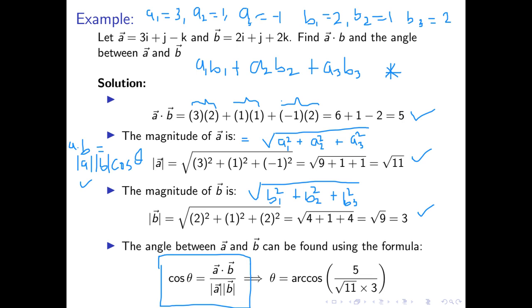Just substitute A dot B is 5, magnitude of A is root 11, magnitude of B is 3. When you do this arithmetic, you take the arc, that is cos inverse of what you have here, and this will give you the final answer.